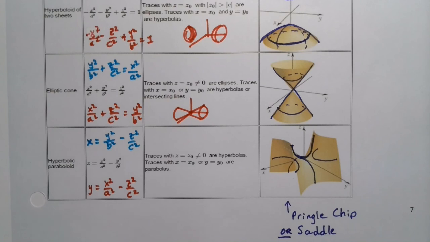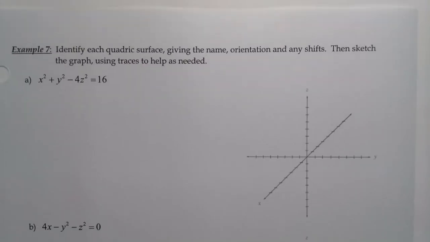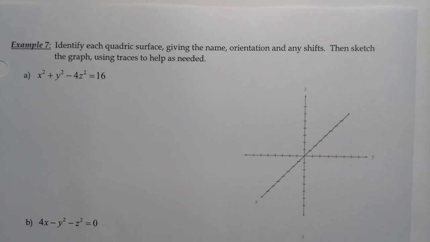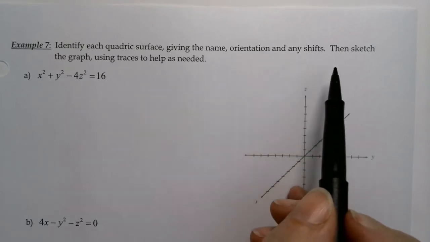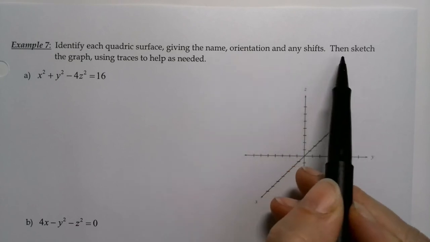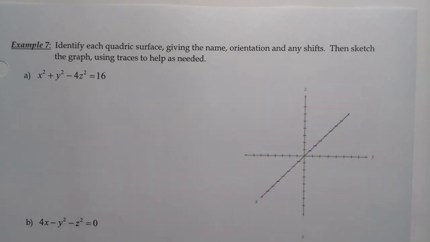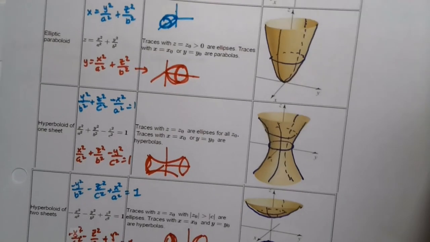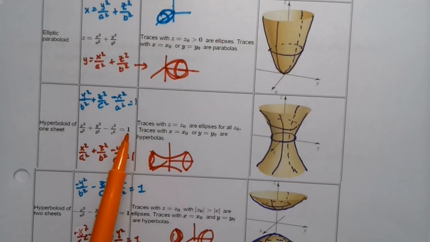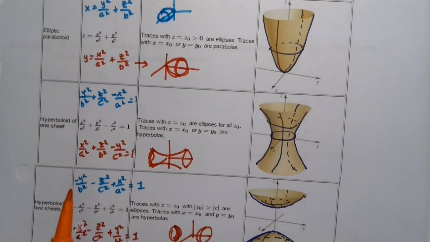All right, so let's practice, at least the first couple. Okay, we want to identify the surface here. So I'm going to keep that table handy so I can refer back to it, and any orientation and shifts and all of that good stuff. Okay, so if you'll notice, one of the things that's true about all of these, they're either equal to 1 or they're equal to one of the variables, right?